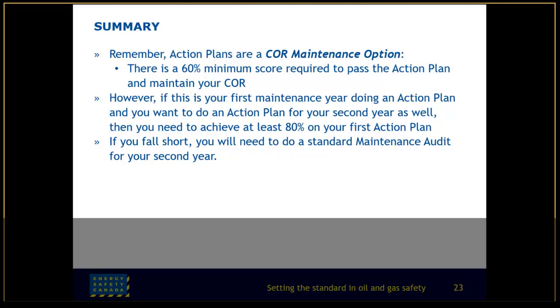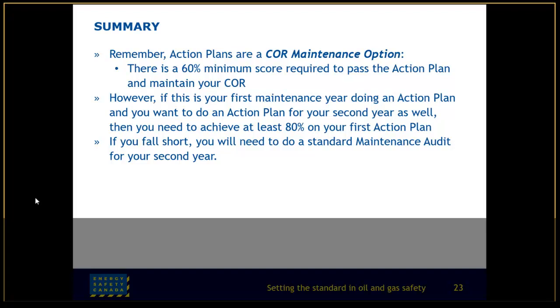Because it's a core maintenance option, the minimum passing score is now 60%. In past years, there was no minimum score. However, if this is your first maintenance action plan, you need to achieve at least 80% to be able to do an action plan in your second maintenance year.